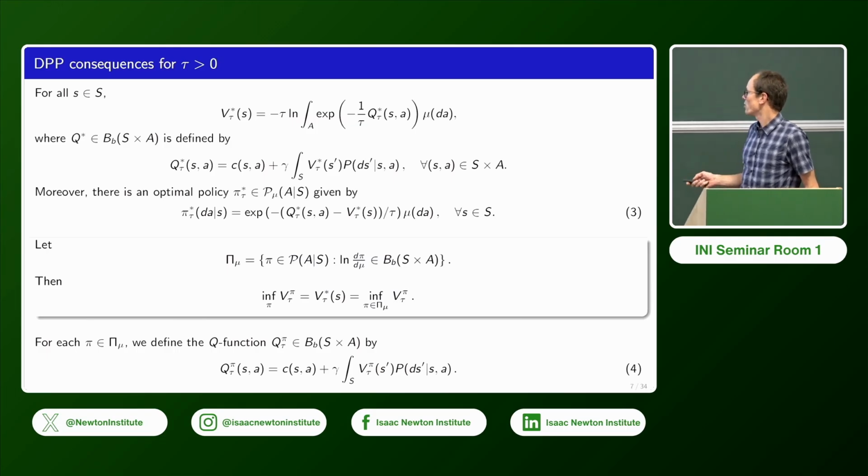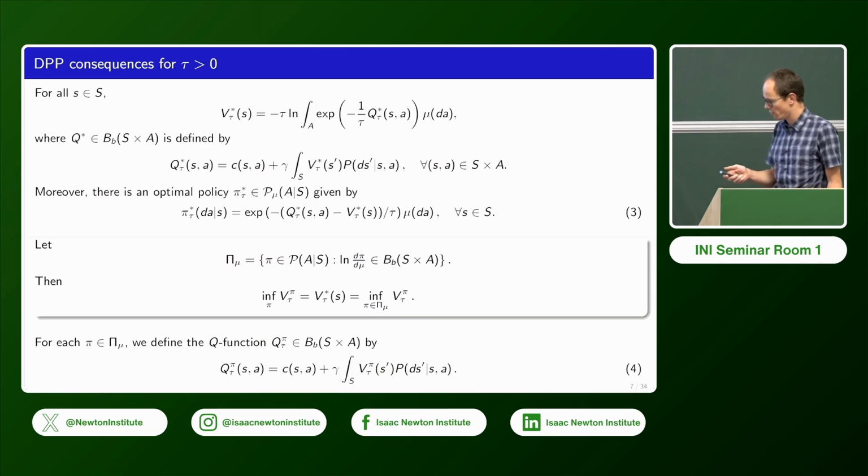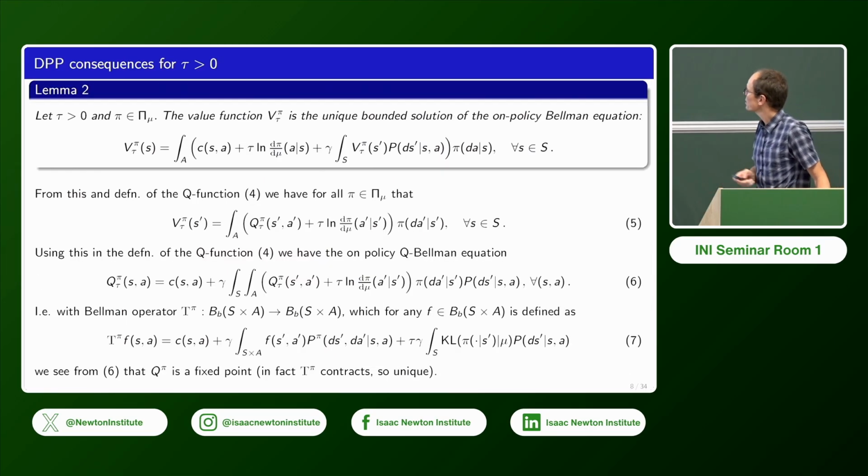Of course, I can also define the Q function for any policy pi, and a few more standard consequences follow. I have an on-policy Bellman equation, which is a linear equation, and from that I can get the on-policy Bellman equation for the Q function, and because of this I know it has a solution.